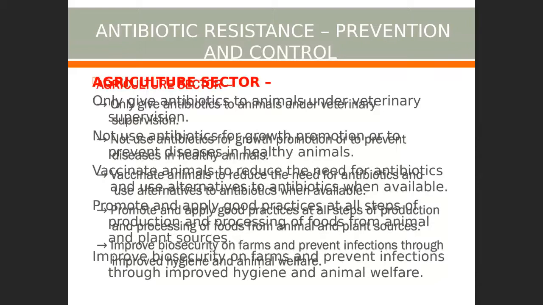They are also given as prophylaxis, and the same thing is consumed by humans. So apart from misusing antibiotics, unknowingly humans are consuming antibiotic-treated food. In such cases also there are chances that they develop resistance.